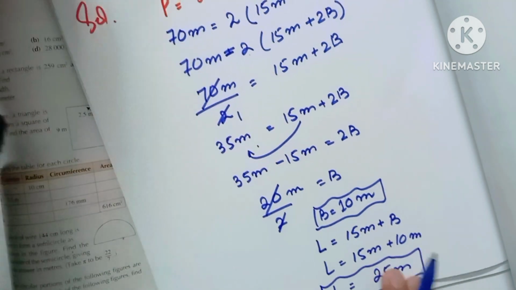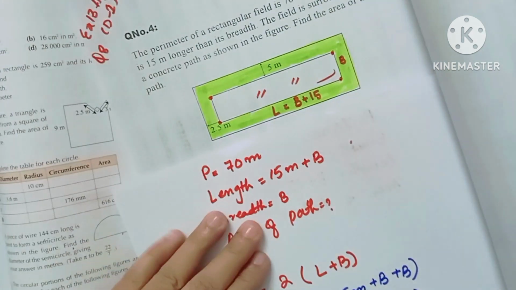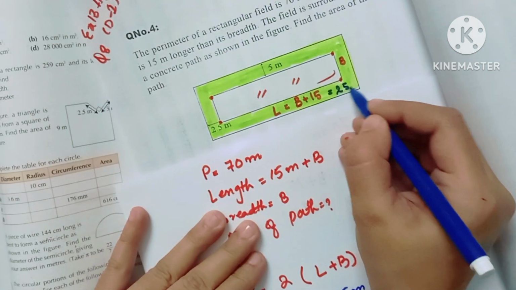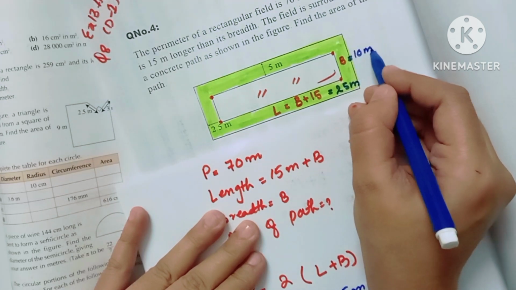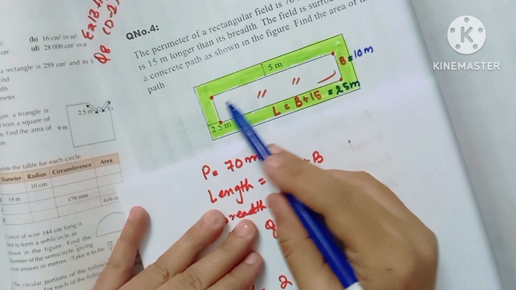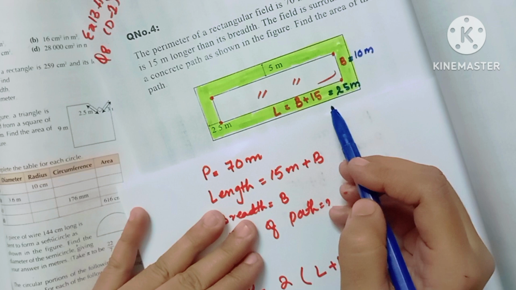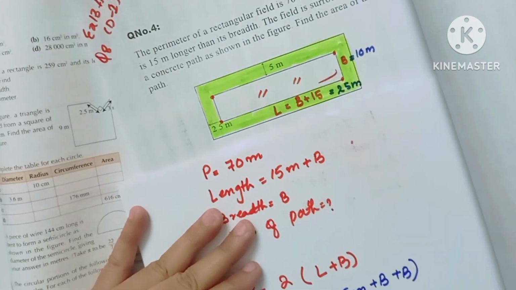So according to the given question, L is equal to 25 meter and B is equal to 10 meter. So we can find the area of this smaller rectangular field, and after that we have to find the area of the whole bigger rectangle, and that is the process.